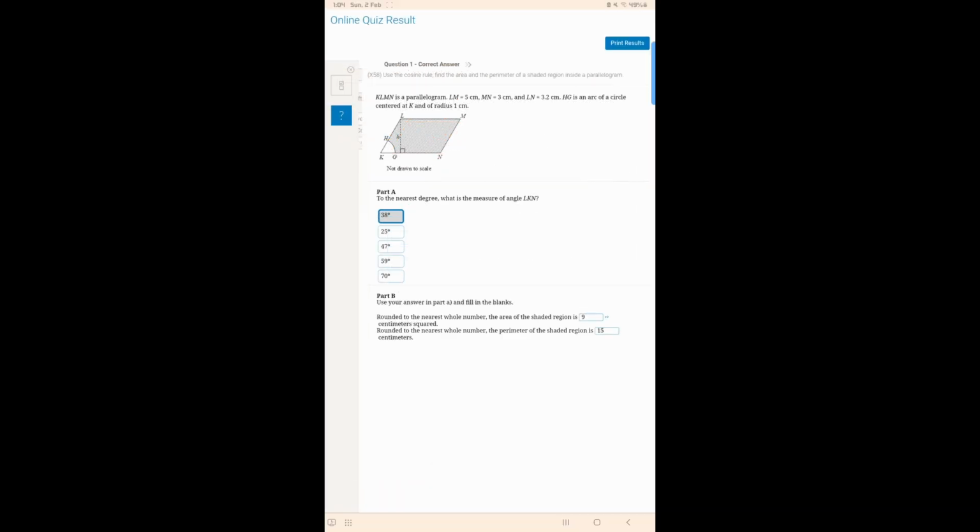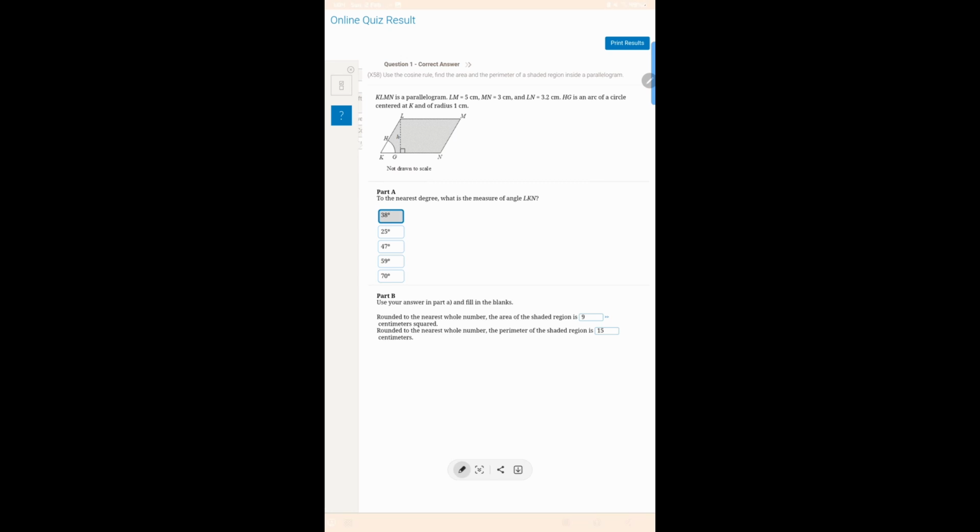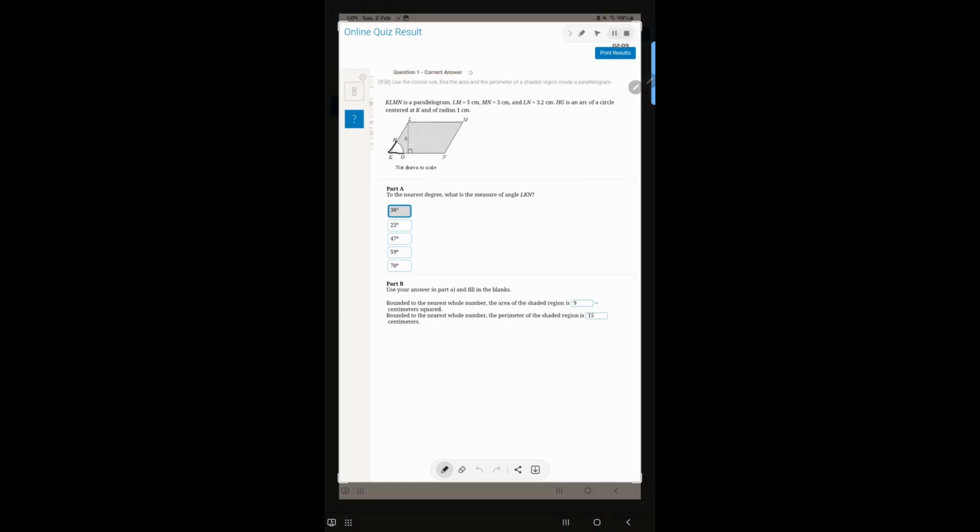Okay, now they want, to the nearest whole number, the area of the shaded region. So what you do is, first you find the area of this sector, and you find the area of the entire parallelogram, and you do the area of the parallelogram minus the area of the sector.